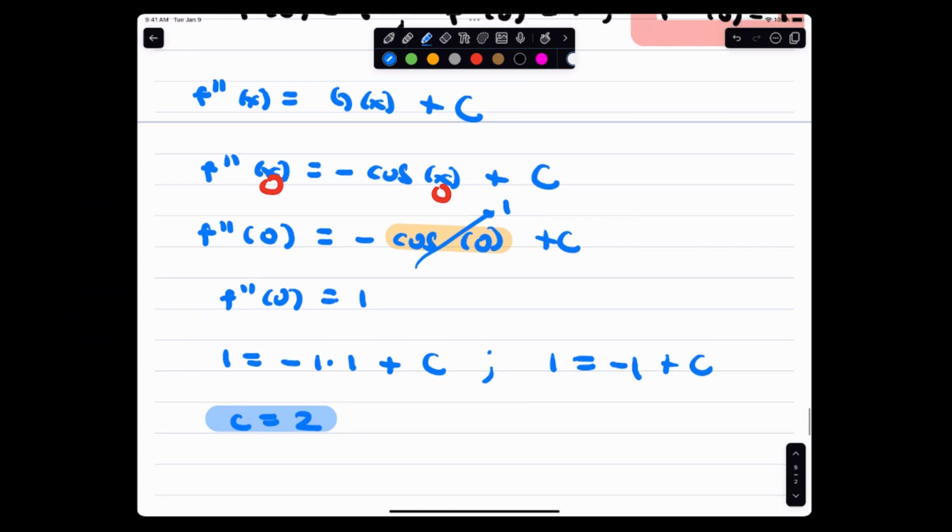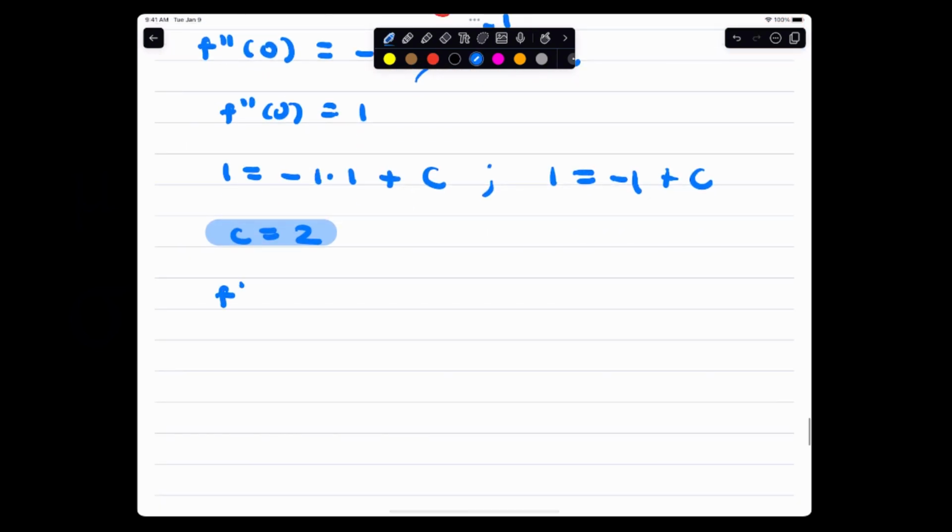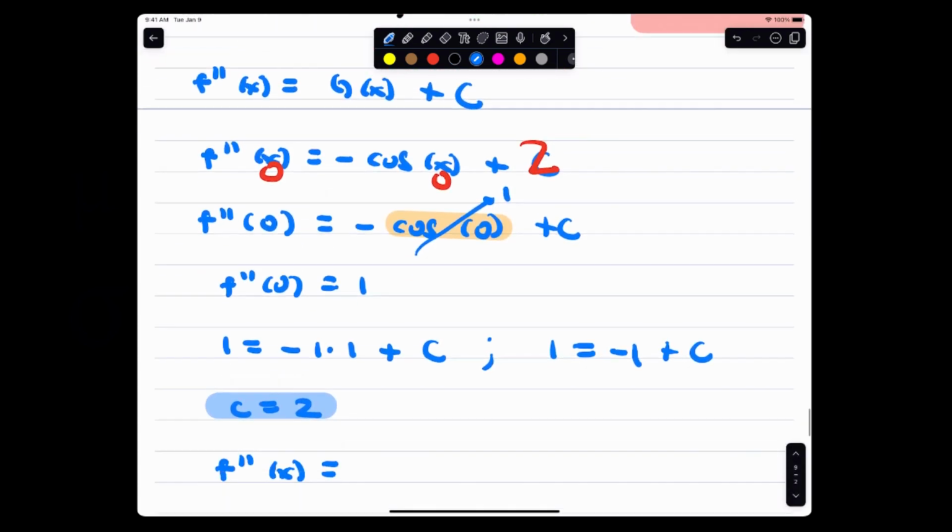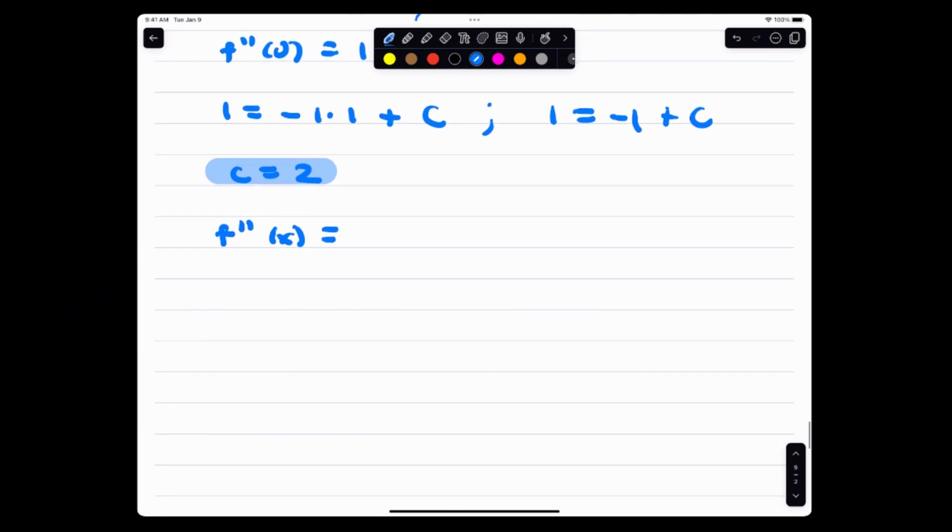So this number here is really 2. So the second derivative function is minus cosine plus 2.